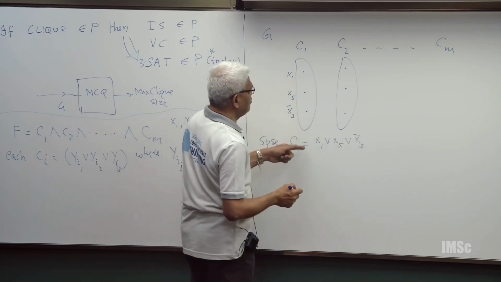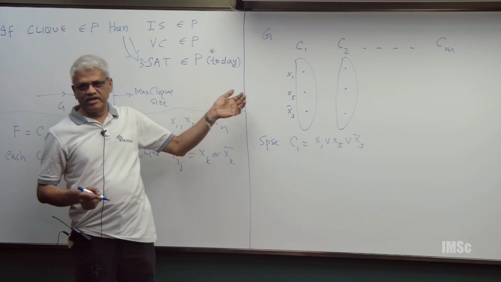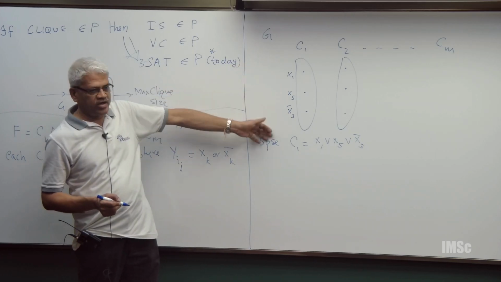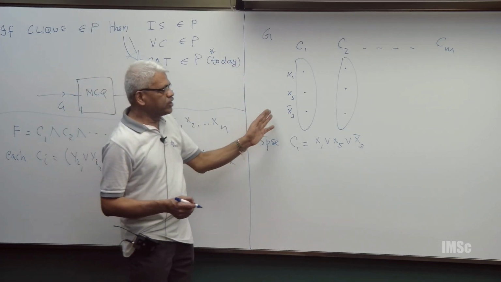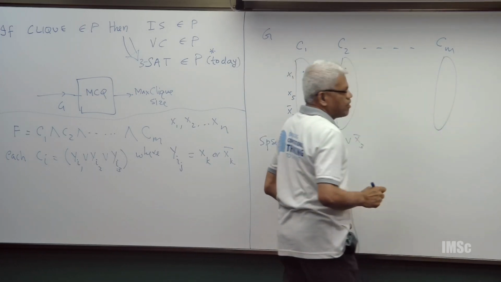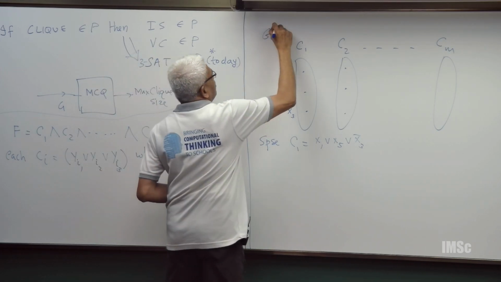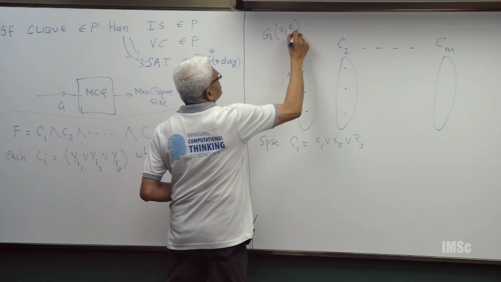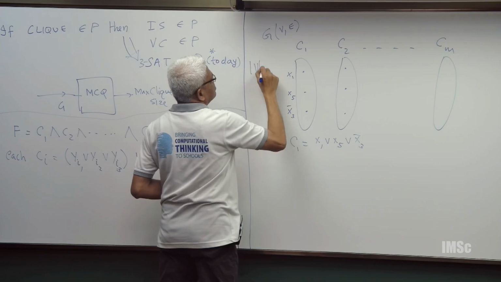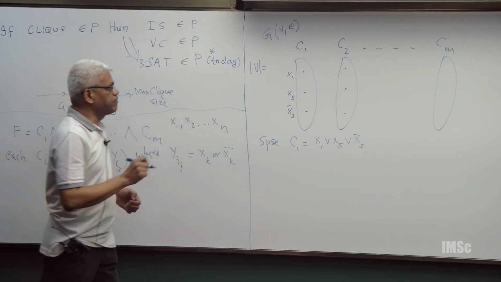I will have 3 vertices and denote them with some sort of a label to indicate that they correspond to x1, x5, x3 bar. And I do that for each of the m clauses. So, how many vertices does this graph have? 3m.